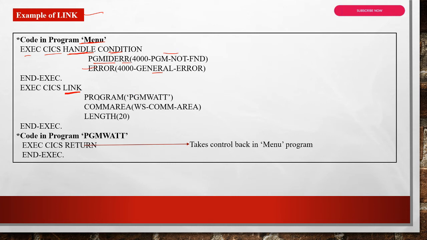We have given the program name PGMVOTE and COM area name WS-COMAREA, and its length is 20 bytes. We are calling PGMVOTE here, and after all the statements in PGMVOTE are executed, it will return the control back to the MENU program.